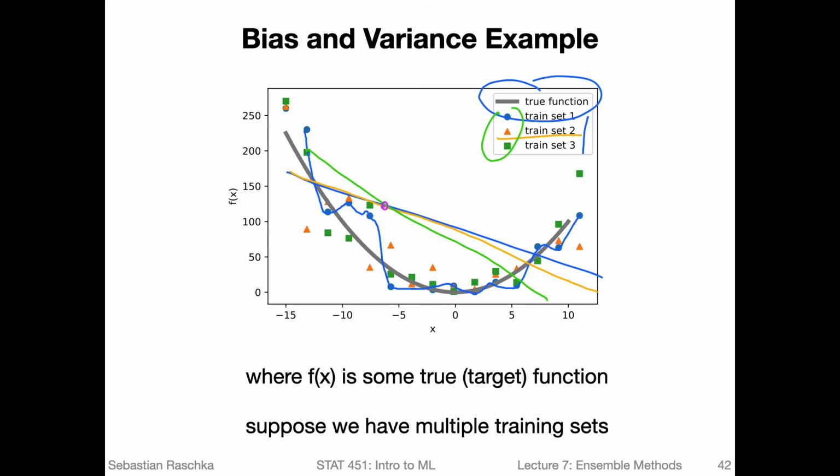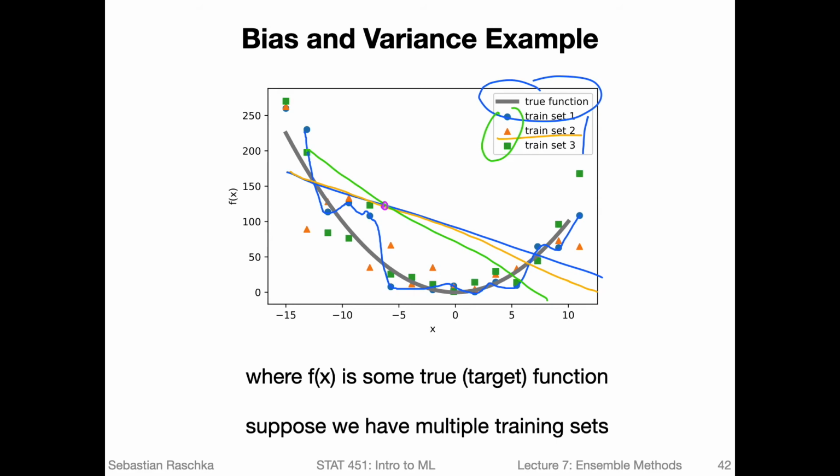You can think of the variance as a case when we have multiple training sets from the same population. How different are the predictions if we fit models using the same algorithm on the different training sets? If I have these 3 training sets, how much do the predictions differ from each other? If the predictions don't differ at all, then we have a low variance.